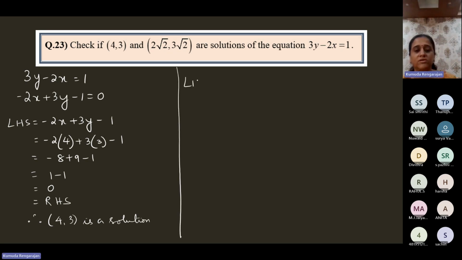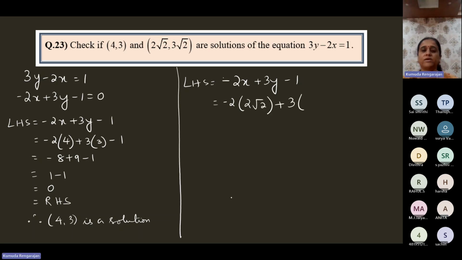Again, LHS is equal to minus 2x plus 3y minus 1. So minus 2 into x. What's the value of x? 2 root 2. Correct. Plus 3 into, what's the value of y? 3 root 2, minus 1.